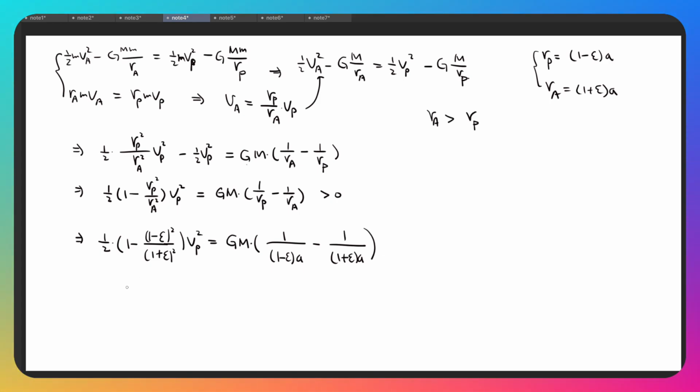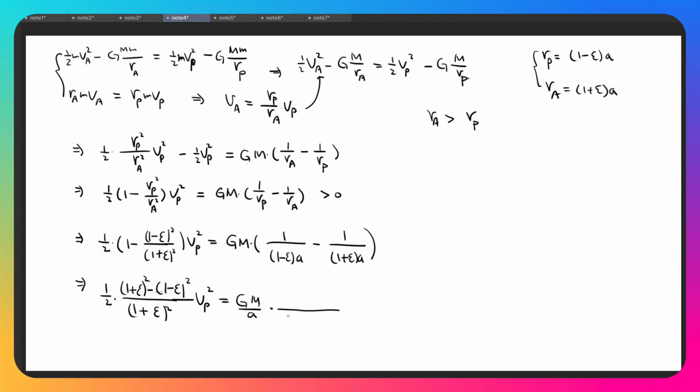And let's further simplify the two sides. So I'm going to do 1 plus epsilon squared. So we get these two a common denominator, and then we have 1 plus epsilon squared minus 1 minus epsilon squared times VP squared equals GM over A. Okay, so I pull out the common A, and then inside the parentheses, I want to combine them.